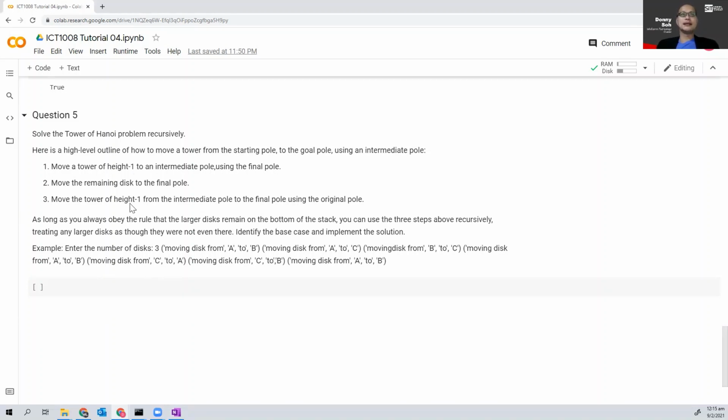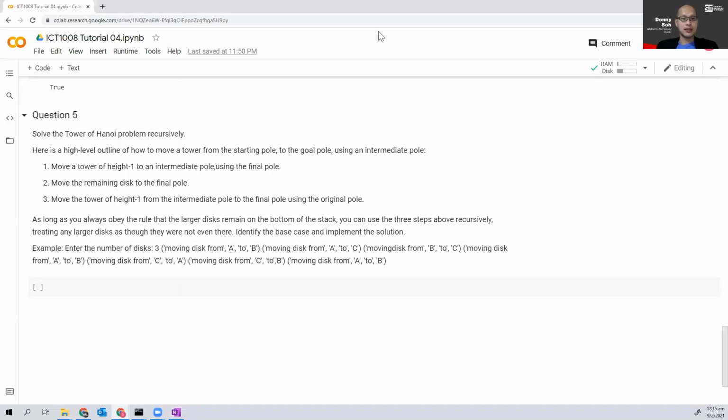What then is my terminating condition? Okay, recall in question number 1, our terminating condition is when our height is equals to 0. This will also be the same. The terminating condition is when all the disks in the pole have been shifted up and there's only left one single disk for you to shift.